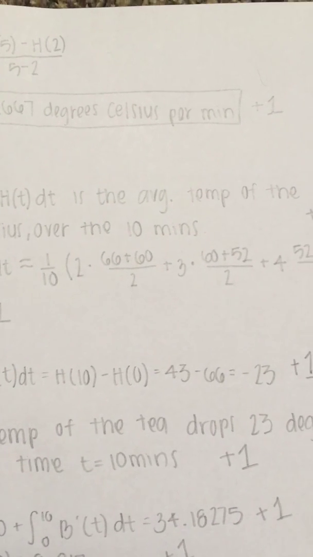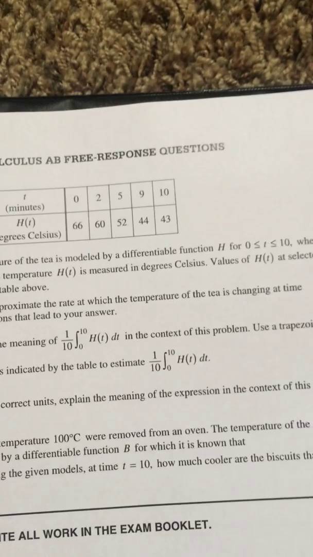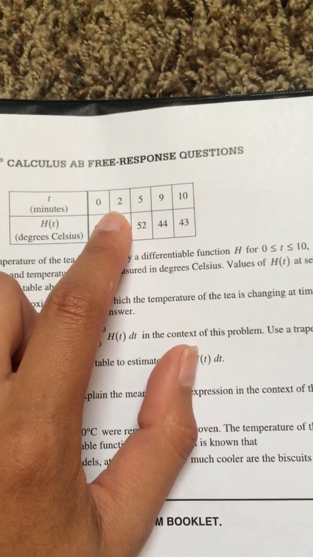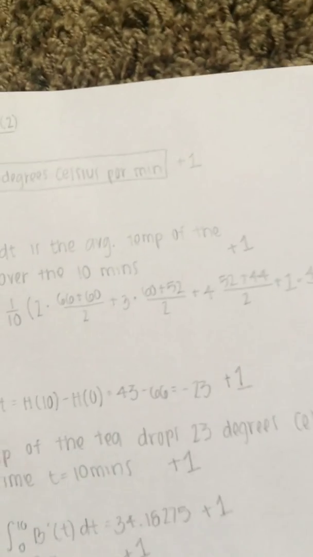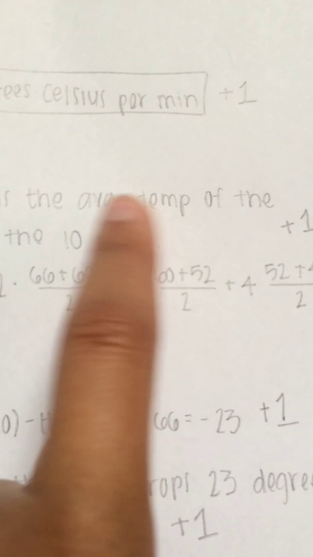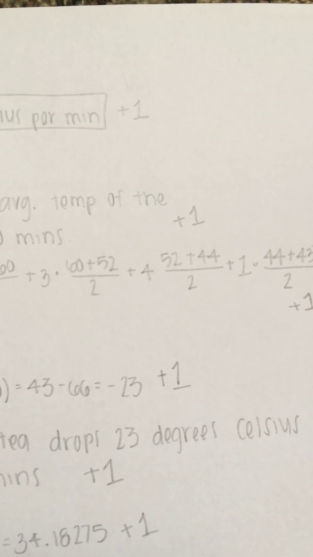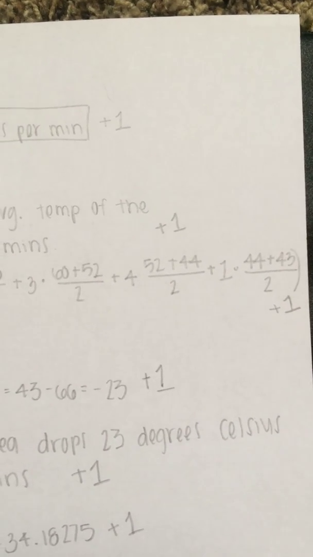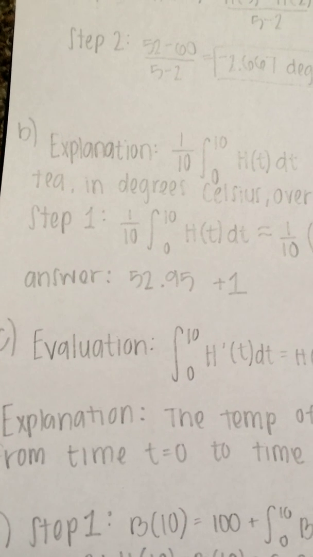Plus 3 times (60 + 52)/2. Here, 5 minus 2 is 3, which is where you get the 3. Plus 4 times (52 + 44)/2, plus 1 times (44 + 43)/2]. Once you plug all that into your calculator, you should get the answer of 52.95.